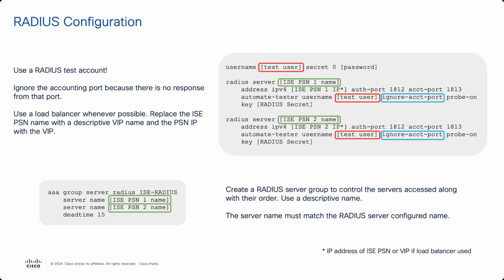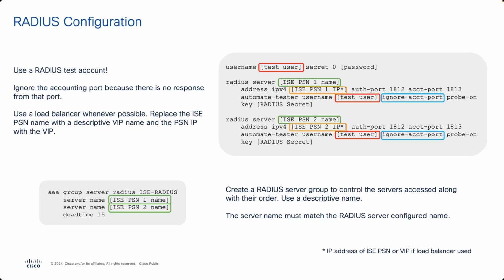It'll accept it, but it won't send authentications because there's no radius server configured by that name. And the nice thing about using the groups is you can control what order the servers are assessed. So whatever server you put in slot 1, that's the first one it's going to connect to. If it's down, it'll move on to server 2. And you can put in more. I just have 2 as an example here.